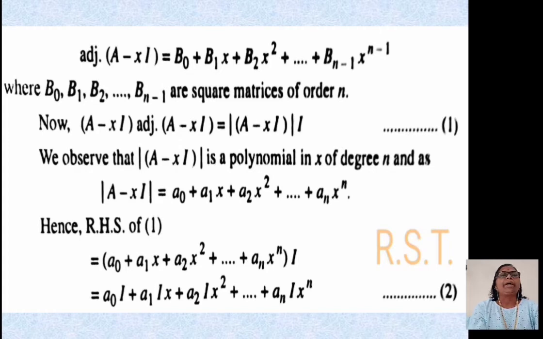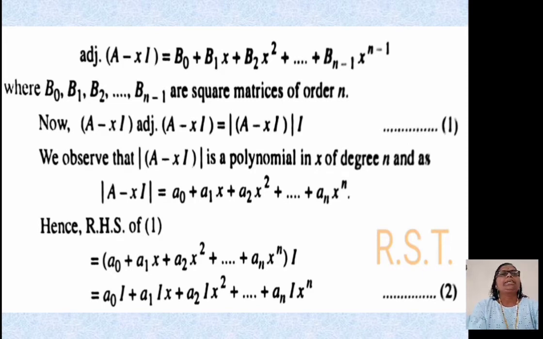We observe that determinant of A minus xI is a polynomial in x of degree n, as determinant of A minus xI equals a0 plus a1x plus a2x squared plus up to an x raised to n.